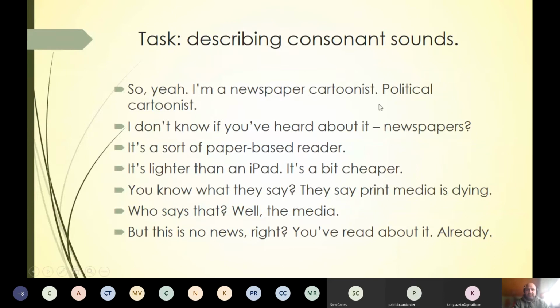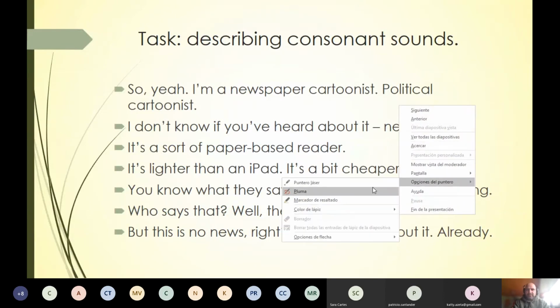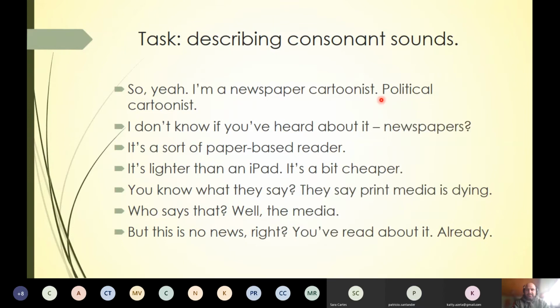You can find it in many different words. For example, political, newspaper, paper-based, right? Print. So do not stress out about not finding the 10 consonant sound requirement. Okay.